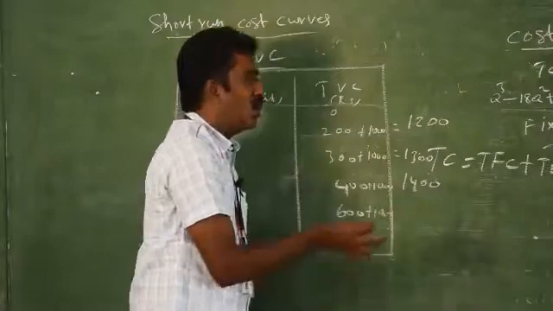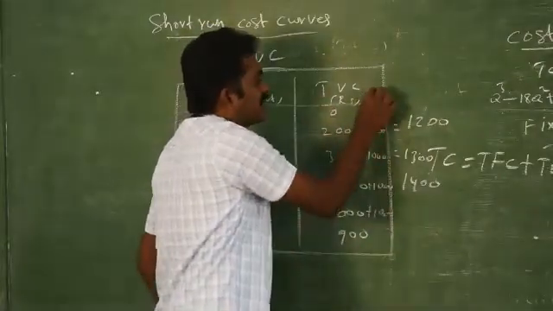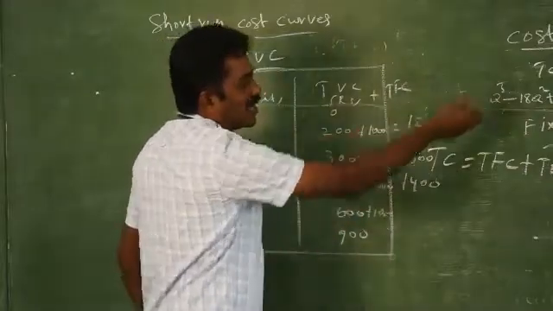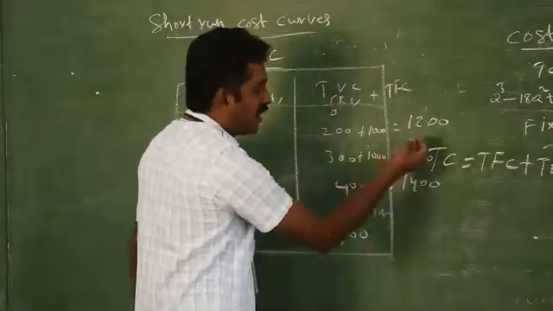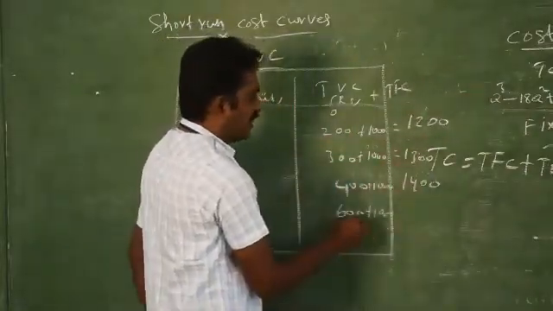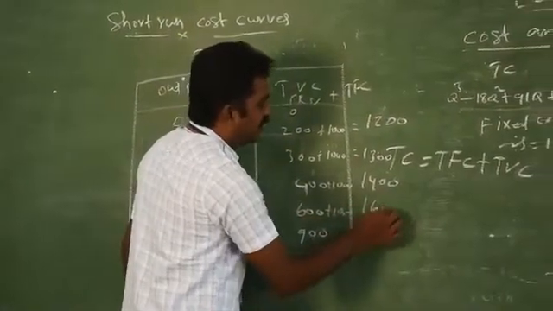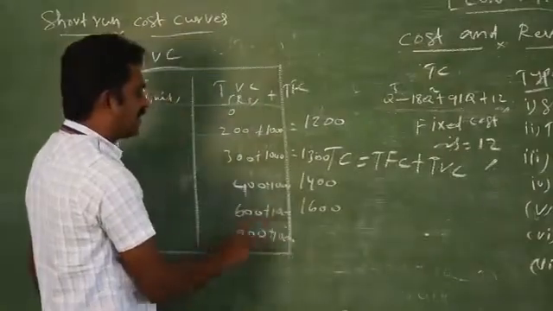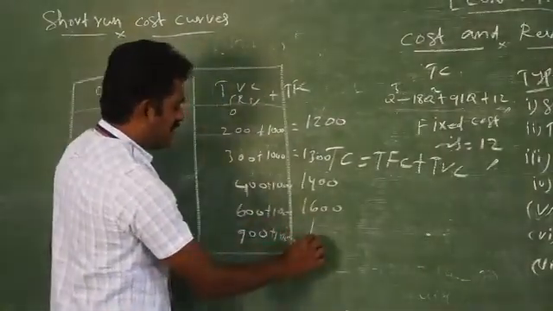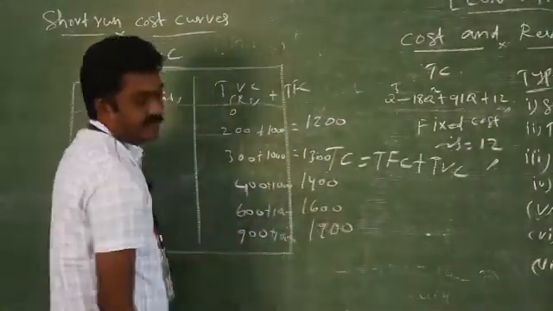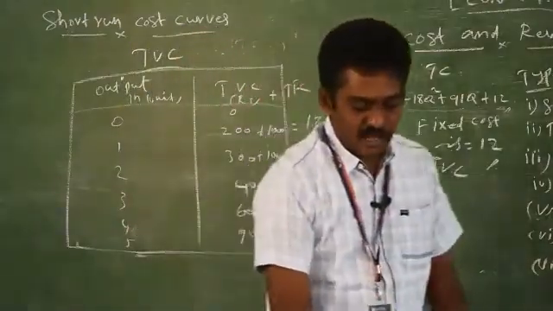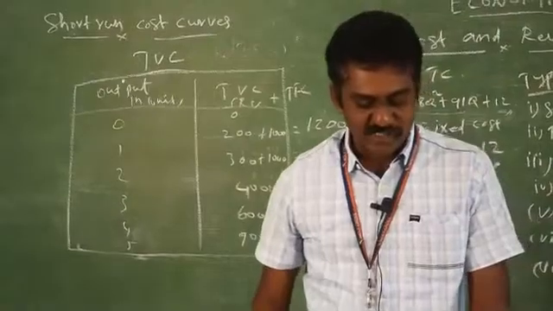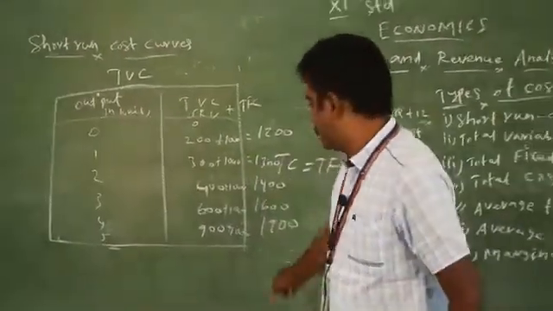Why? Because if we add total variable cost plus total fixed cost, we get the total cost amount. So 600 plus 1000, 1600. This is all fixed cost plus variable cost, 1900. See that in your table total cost is equal to total fixed cost plus total variable cost.